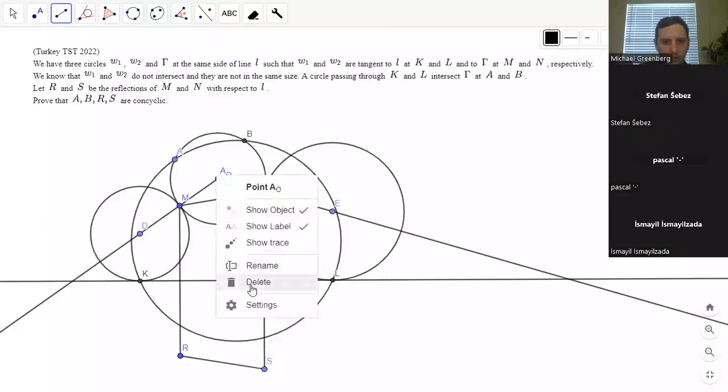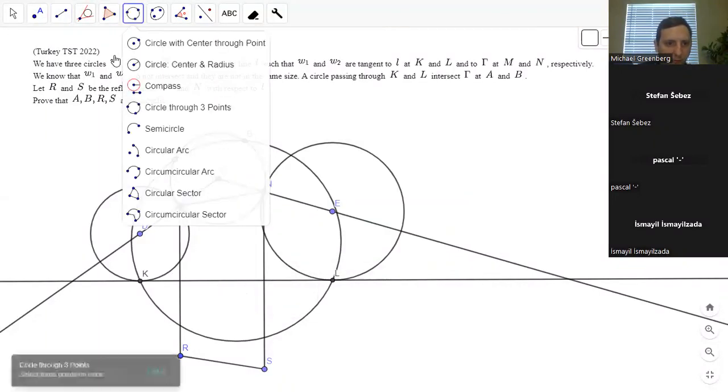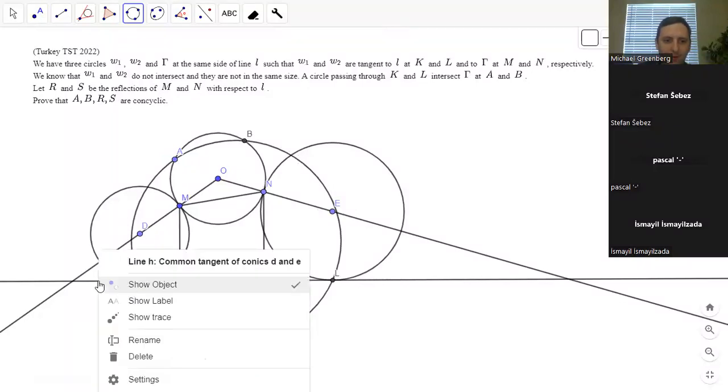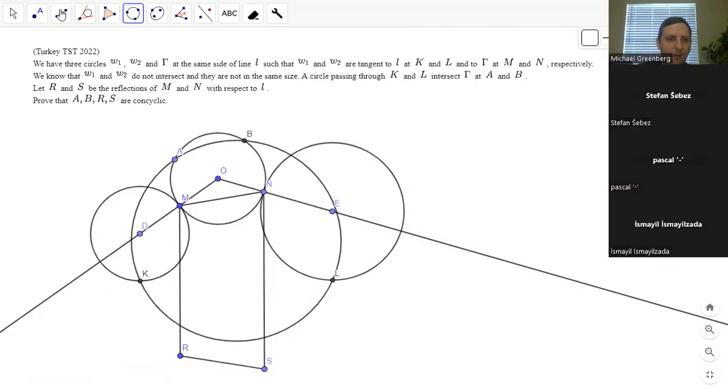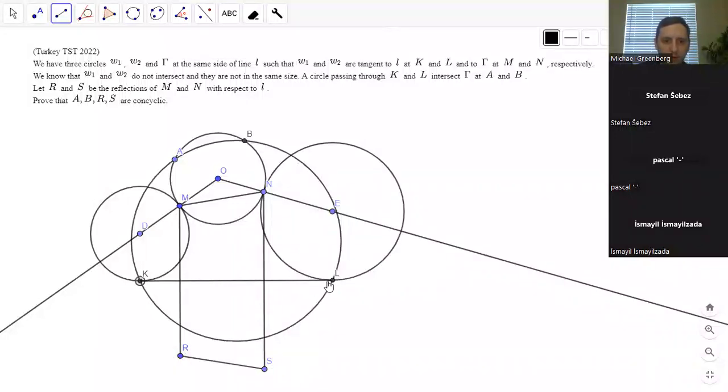And we want to show that ABRS is cyclic. Looks a little bit like the power ratio lemma, although we would need another circle in that case. Well, no, actually we have the two circles already.